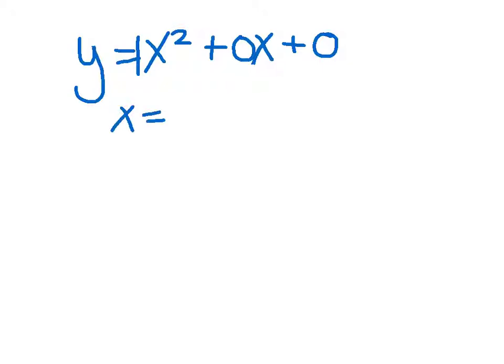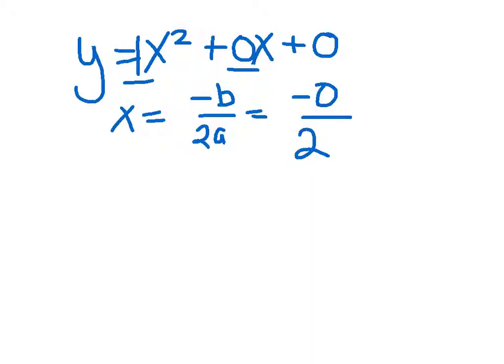So the x value of the line of symmetry is negative b over 2a. b is the 0, so minus 0 over 2 times a, which is 1, and that just equals 0. So the line of symmetry of this equation is on this y-axis.